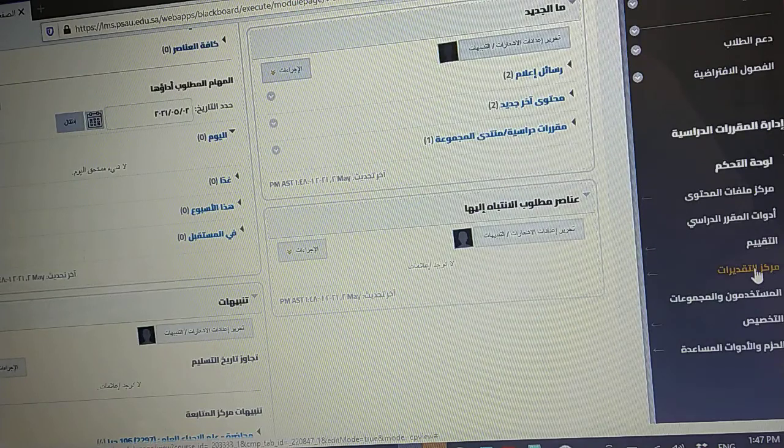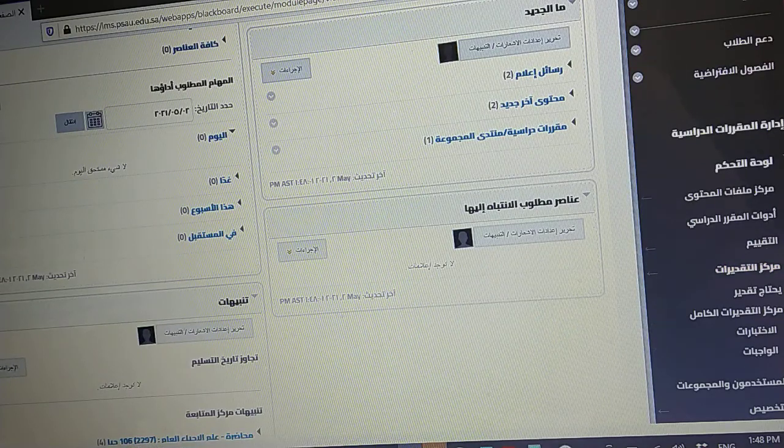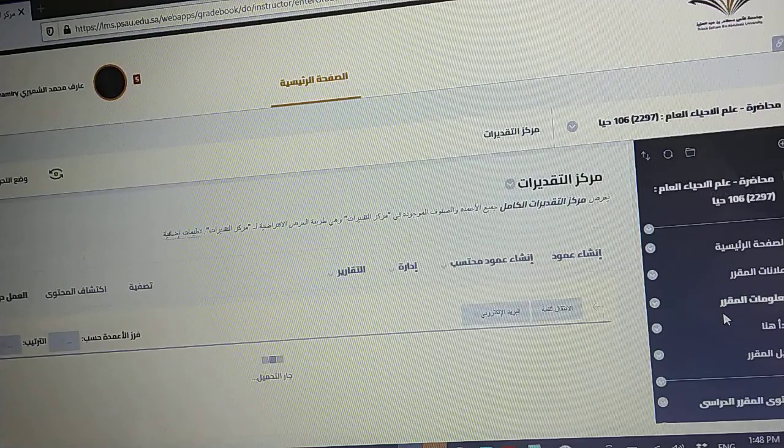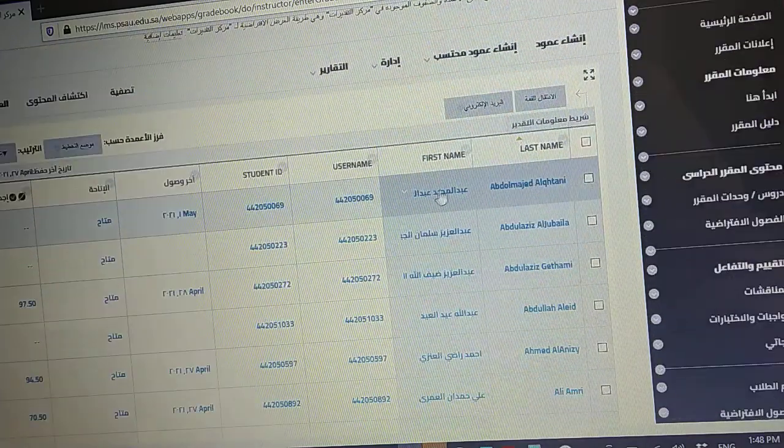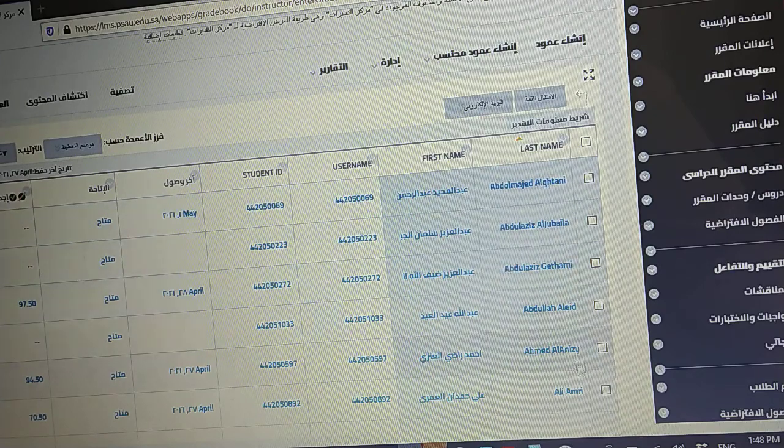Then I will choose Grade Center, then Full Grade Center. After this, I will have a list of the section students.